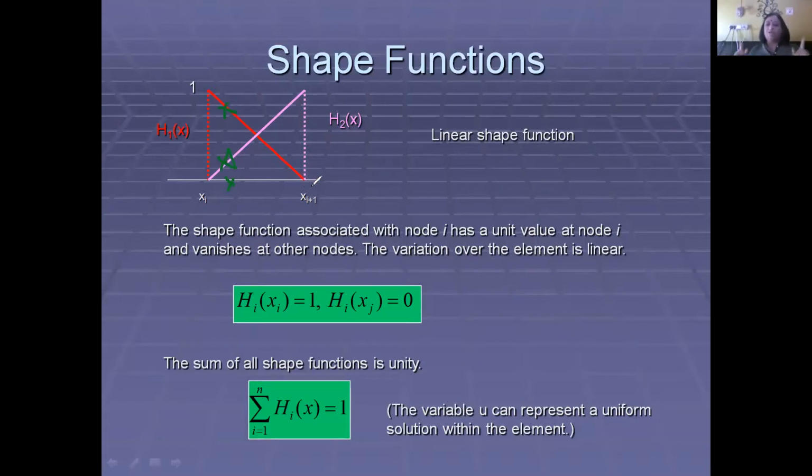So I know the values of h1 and h2 at the nodes, and I also know the contribution of each of h1 and h2 at every point on that element. Now you may understand why I'm calling it the shape function, but we will discuss.